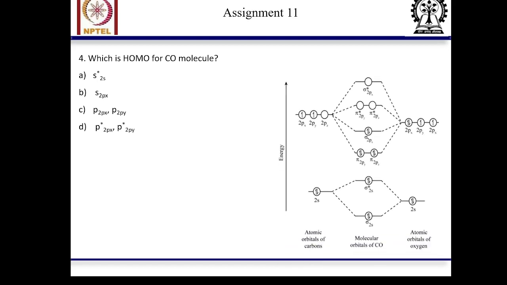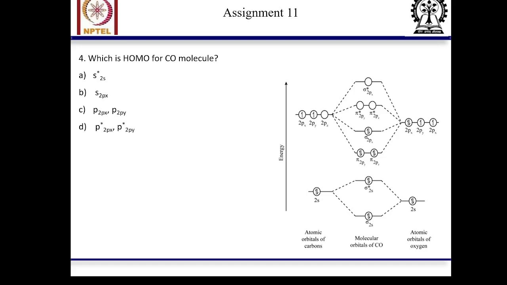This is the atomic orbitals of carbon, which has 2s, 2px1, 2py1, and 2pz. This is the atomic orbitals of oxygen, which has 2s, 2px, 2py, 2pz.